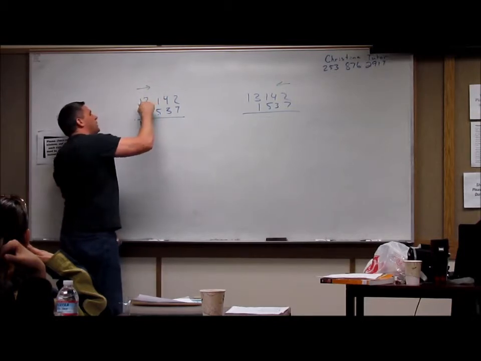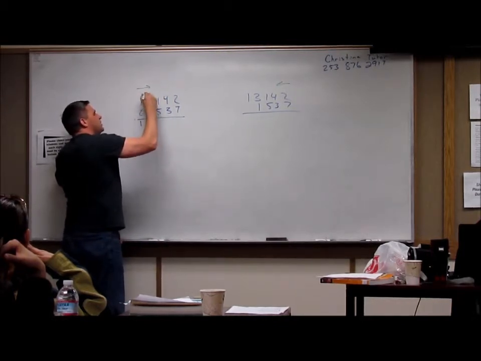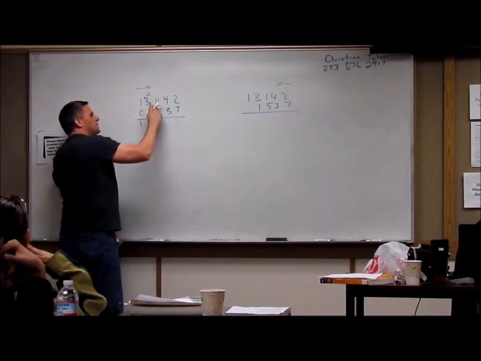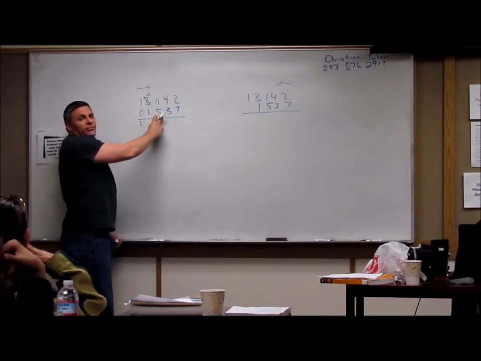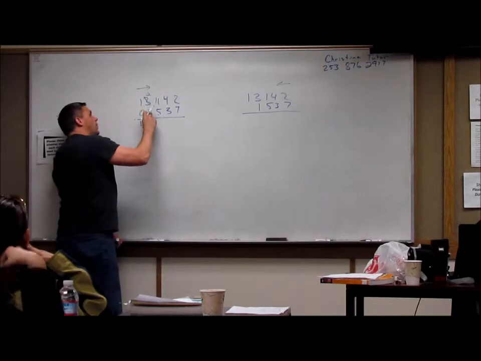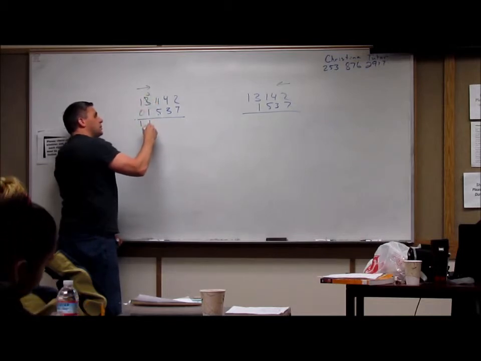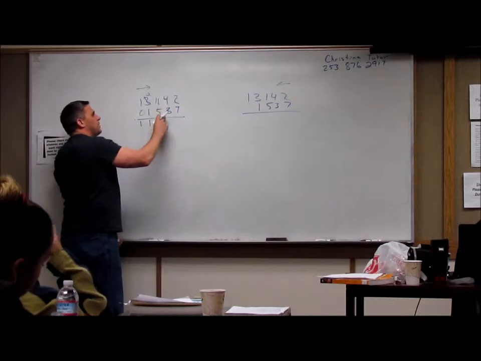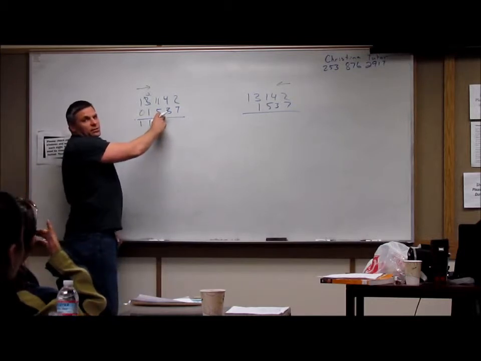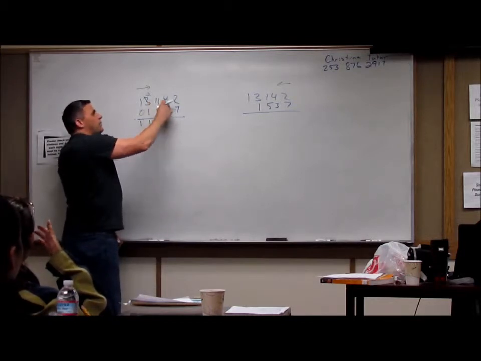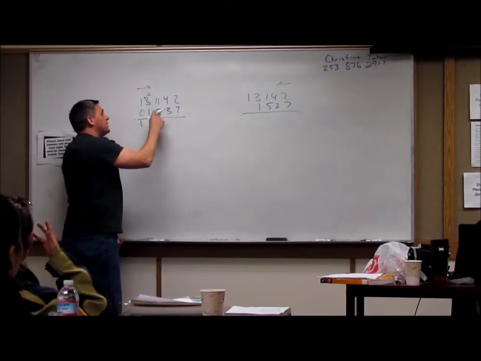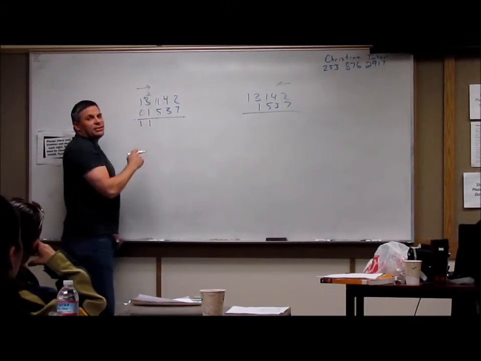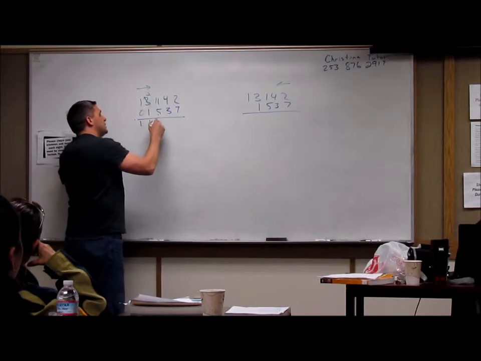I'm going to borrow the 1 from this one and make this a 2 and put the 1 here so that I have it there for the 5 when I get to it. So 1 from 2 is 1, and at the same time, is trouble coming? No. So I don't have to borrow from here to there. So now I can go, okay, 5 from 11, 6.